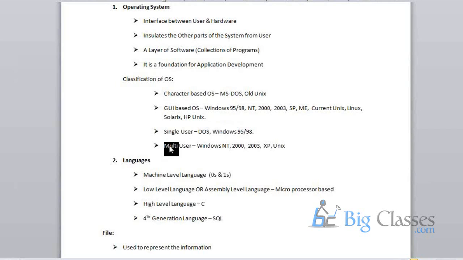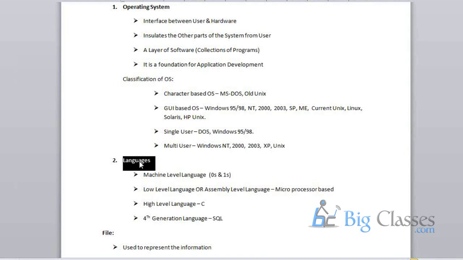Multi-user operating systems allow multiple users to operate simultaneously, concurrently. The examples are Windows NT, Windows 2000, Windows 2003, XP, Unix. So these are the multi-user operating systems.